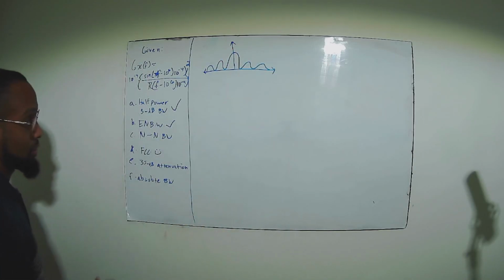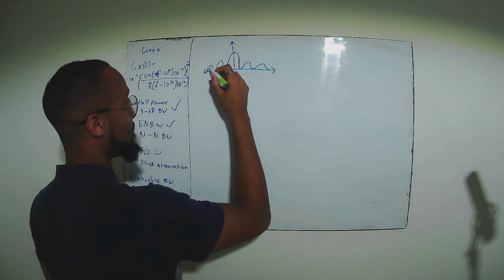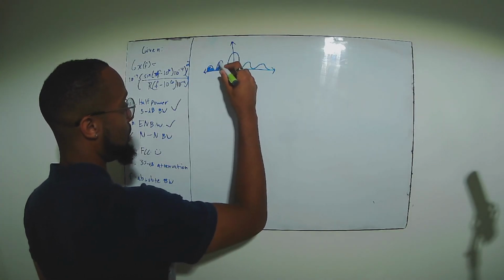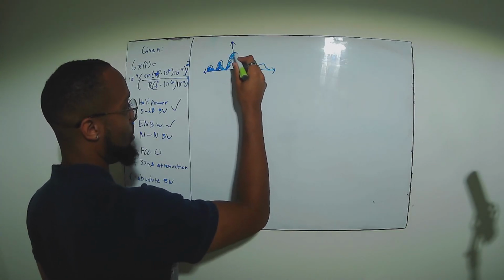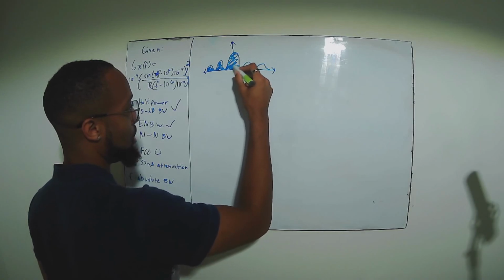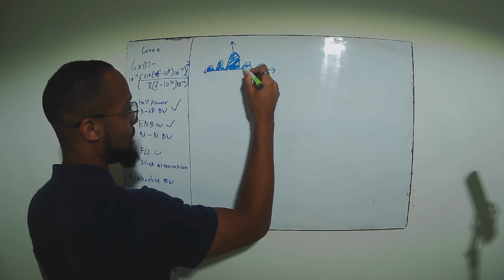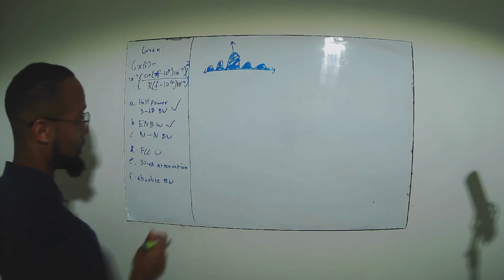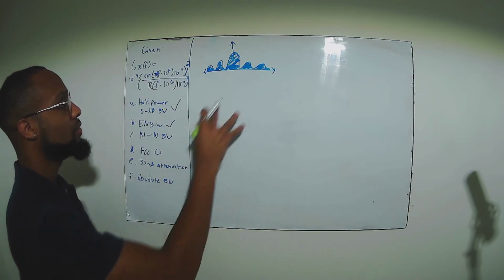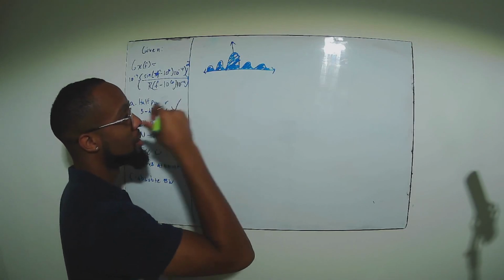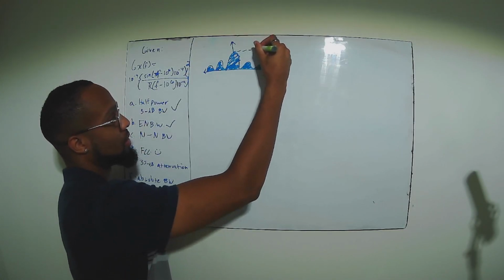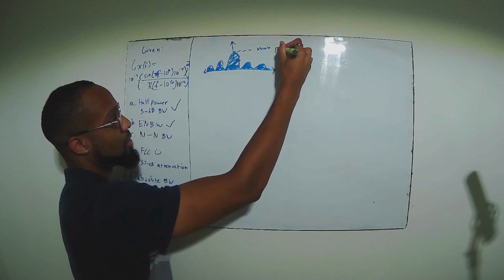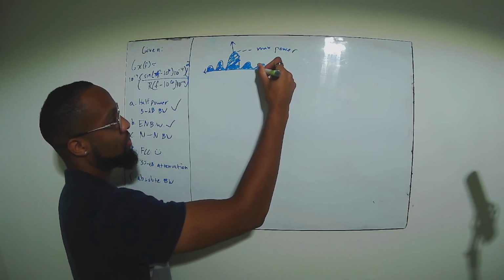We have a function, and it has some area underneath it. It has all these lobes, and inside these lobes is where the function oscillates, and it has a voltage, and it has power at those frequencies. So you find the power, right? First you find the max power, and then you find the total power.